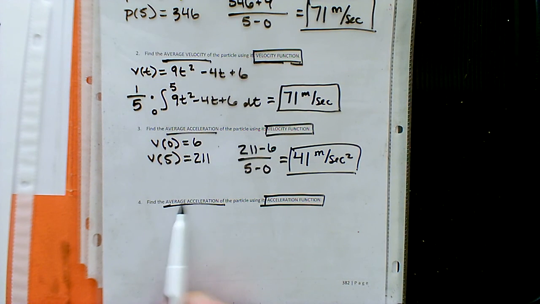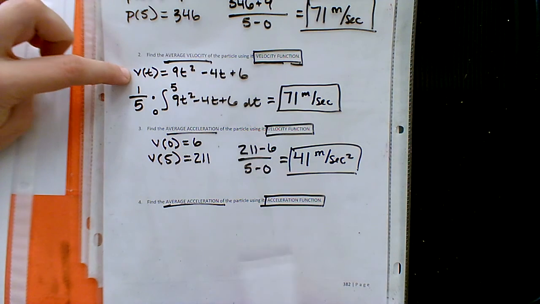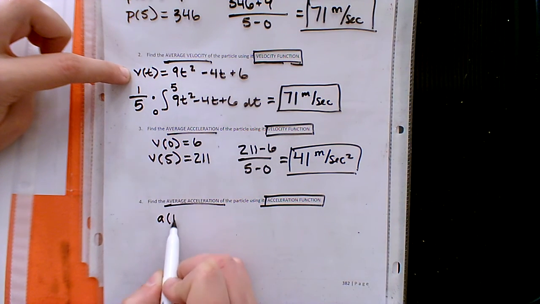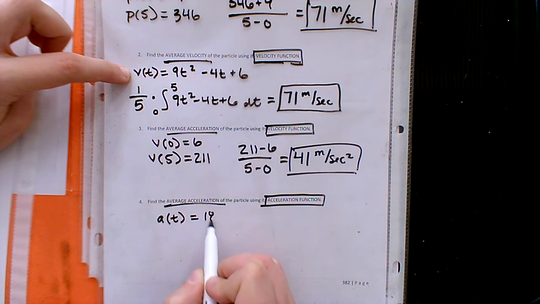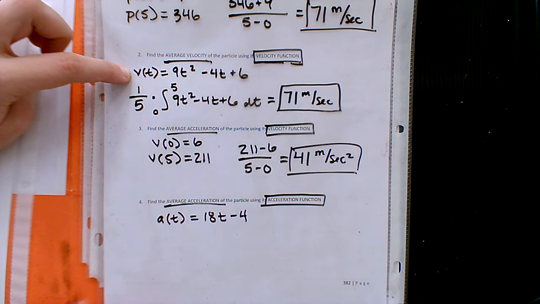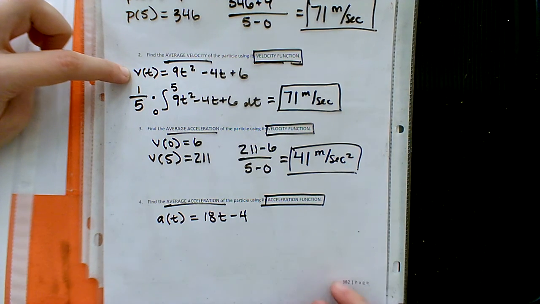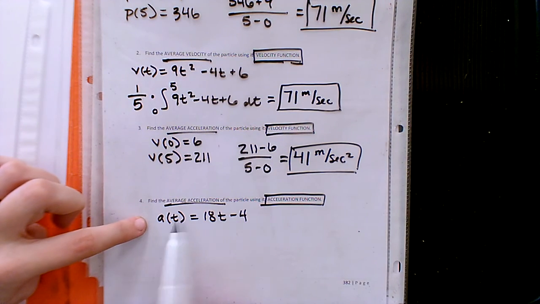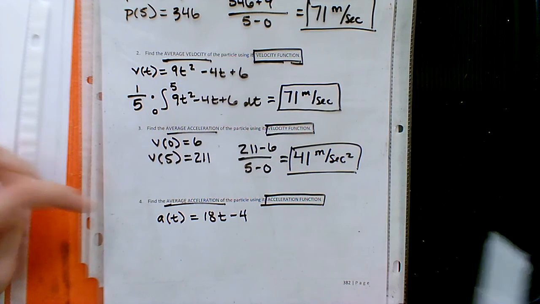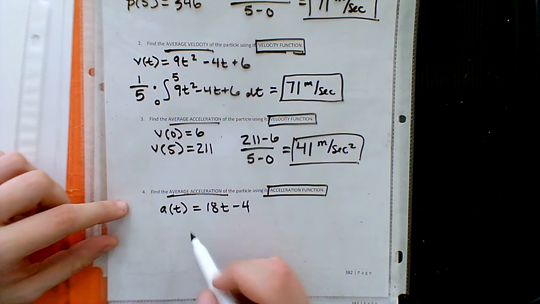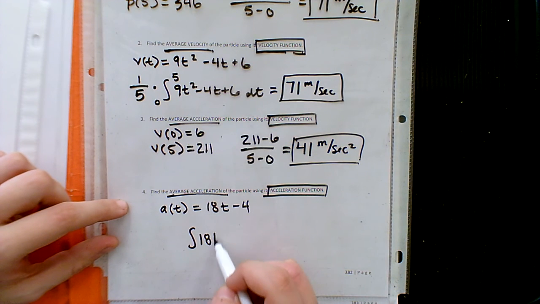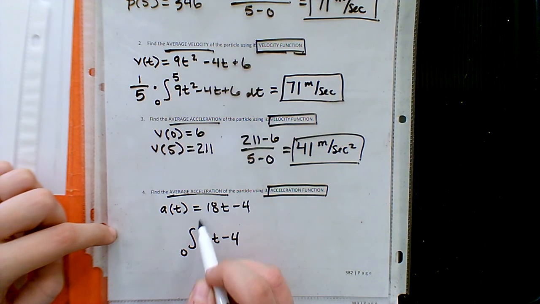All right, so we're going to approach average acceleration again, but this time we're going to assume that we only know the acceleration function. Now that involves us finding it, but we're going to use that function to help us. So we have velocity. If we take the derivative of that, we'll get 18t minus 4. So we're going to use this function to help us eventually get the 41 average. So we're going to integrate acceleration.